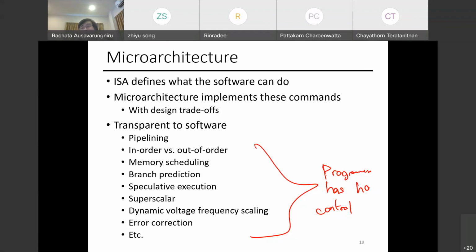Why do you buy a new generation of the CPU? Exactly. Yes. You don't have to cry over what you do with the hardware. The hardware would optimize, hopefully optimize itself, make it fast, and when you run the program on it, it becomes faster magically. You don't need to know what has been changed in the pipeline.